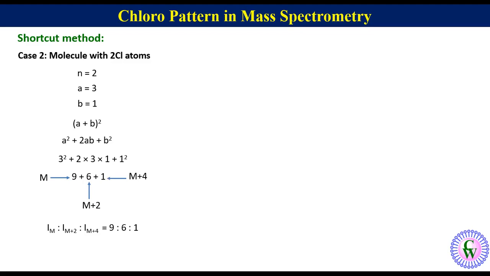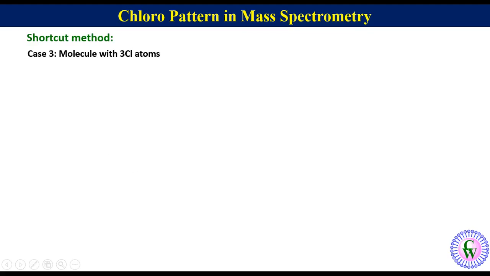Case 3, in which the molecule has 3 chlorine atoms. Here n is equal to 3, A is equal to 3 and B is equal to 1. Putting the value of n in the formula, (A plus B) power n will give (A plus B) power 3. Upon expansion, it will become A power 3 plus 3A square B plus 3AB square plus B power 3.